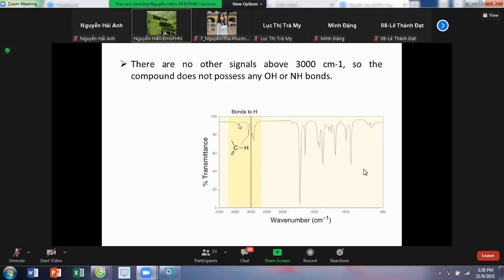Okay, if you go further, you will not see signals for OH and NH. This region is actually overtone of C=O, so we don't have to care about this one. Because if you have OH or NH, then the intensity will be medium to strong, and it is not as weak as these signals.